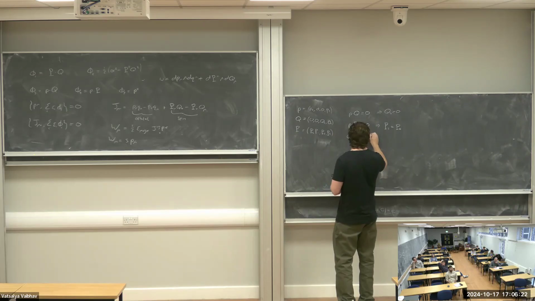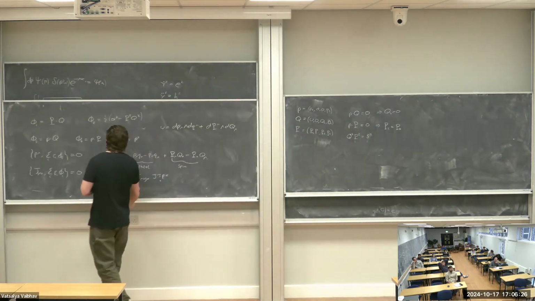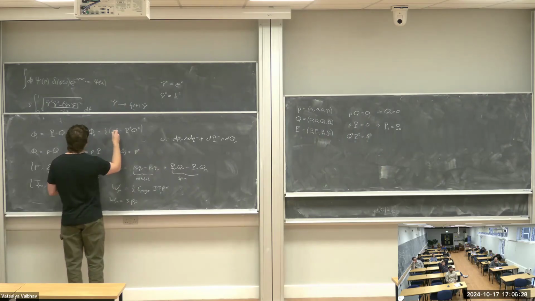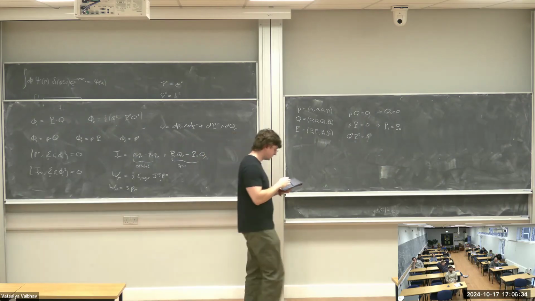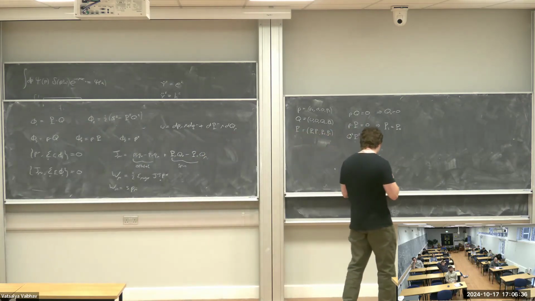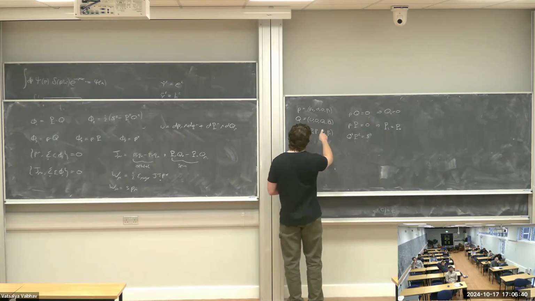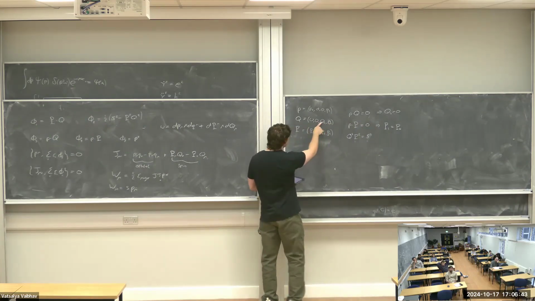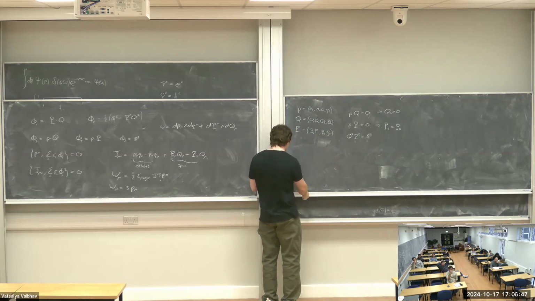I may have called this alpha up here. I really meant S. It's just the parameter, the constant that I put in for the last constraint. It means I could just rescale Q2 such that it satisfies this constraint.